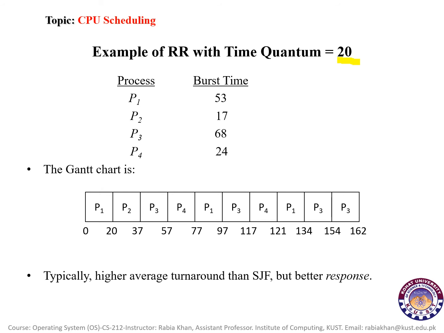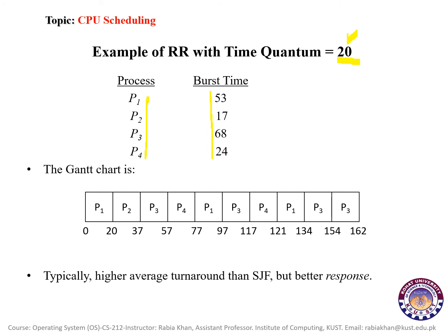You can see P1, P2, P3 and P4, and their burst time, their CPU time, is also mentioned in front. But no process will be given complete CPU time at once. Instead, they will be given 20 milliseconds once, then it is preempted, then again 20 milliseconds, and so on. It will complete its CPU time in breaks.